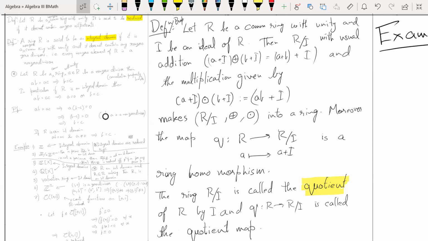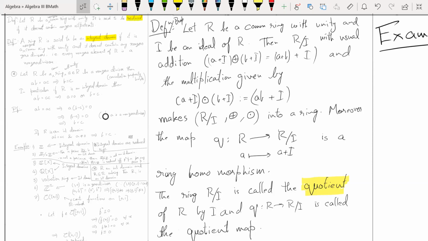So let R be a commutative ring. Now I want to define what are called quotient rings. Whenever you have a ring and an ideal in it, so R is a commutative ring with unity, and I an ideal of R, then there is a ring which you can define, denoted by R mod I. So remember, R is a ring means R with plus is an abelian group.